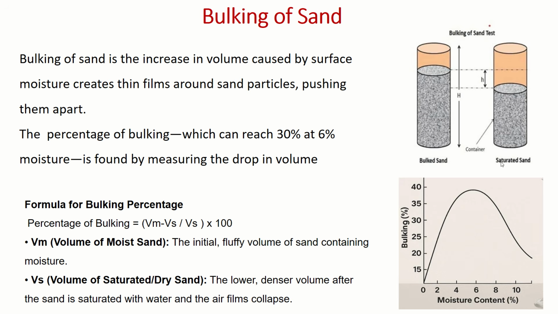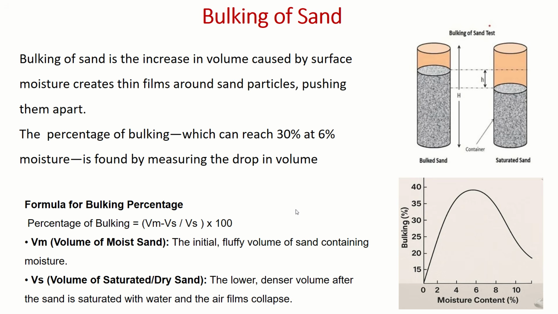You can see here, in one container there is a bulked sand, which contains moisture, that is having the greater volume, that is capital H, and the saturated sand means what, it is full of water. When full of water, entire bulking gets reduced to zero, and we'll get only the saturated sand.